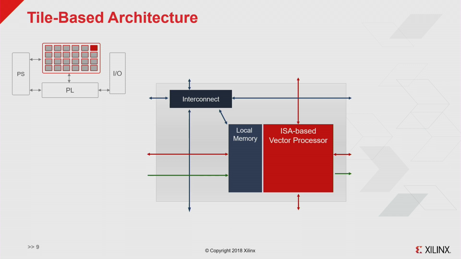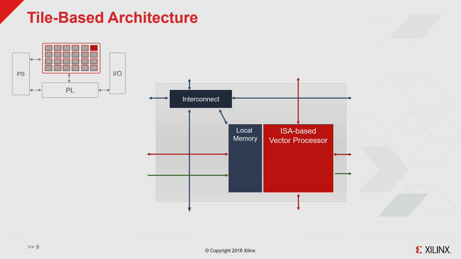What you can see in this tile is three parts. One is a processor, a VLIW vector processor. Just to give you an order of magnitude, we are talking of hundreds. I'm not going to give you the details of the throughput, but it's hundreds of operations per second.